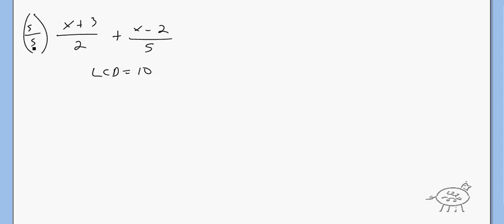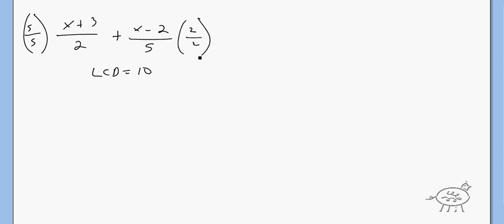All right. Let's do x plus 3 over 2 plus x minus 2 over 5. The LCD equals 10. So I'm going to multiply the first by 5 over 5 and the second by 2 over 2.